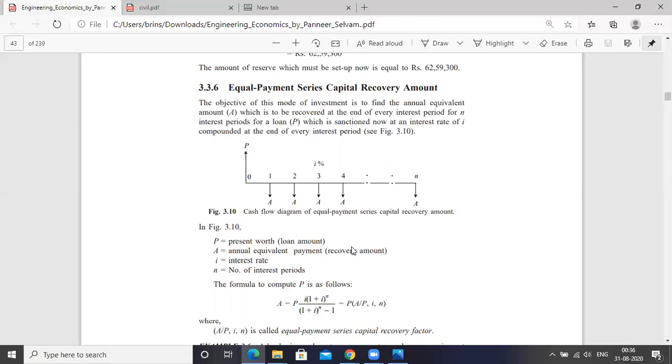to understand the concept of the equal payment series capital recovery factor, say for an example that a certain amount is deposited now at an annual interest rate of I. We will withdraw the principal along with the interest in a series of equal annual amounts, in terms of A, over the next several years.